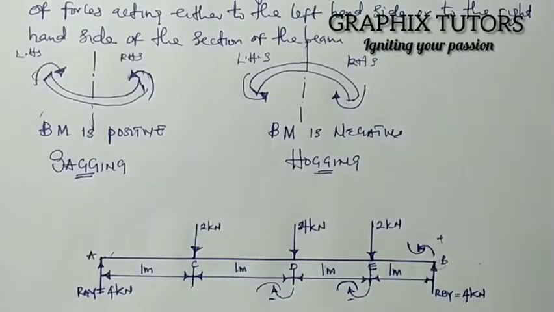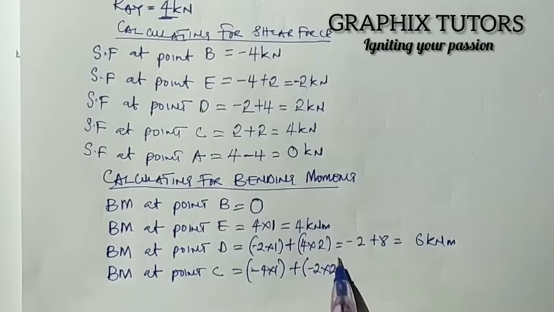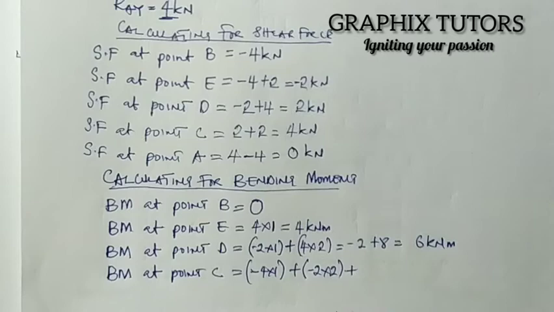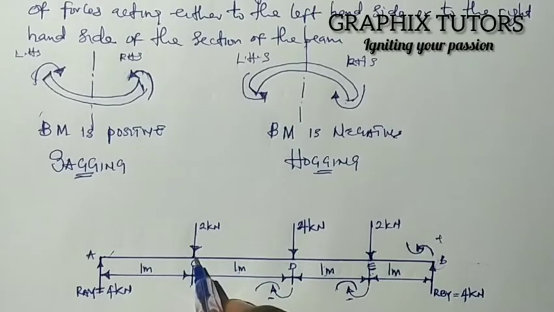The next one will be minus 2 times the distance from here to here, which is 2. So we have minus 2 times 2, plus the distance of this one, this is plus now, so it will be 4 times 3, that is the distance from this point.